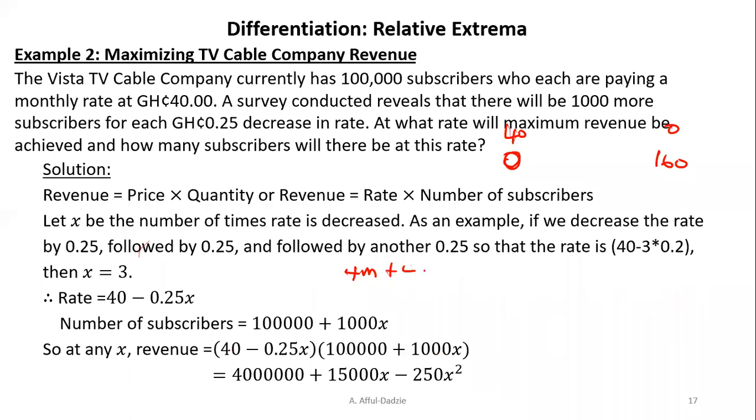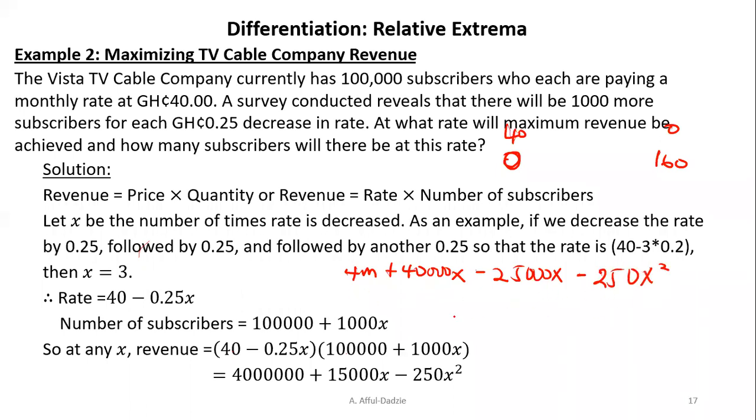So plus 40,000x. Then 0.25x times 100,000 will be 25,000x, so minus 25,000x. And 0.25x times 1,000x here would be minus 250x squared, right?